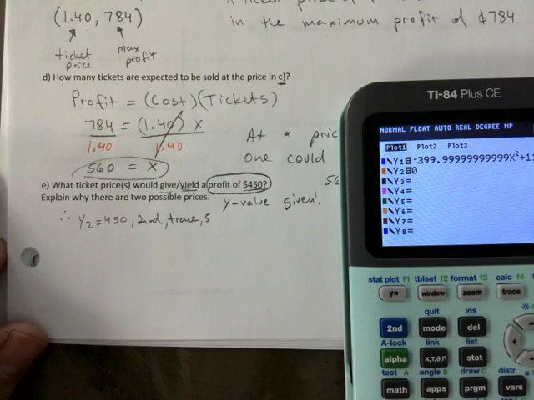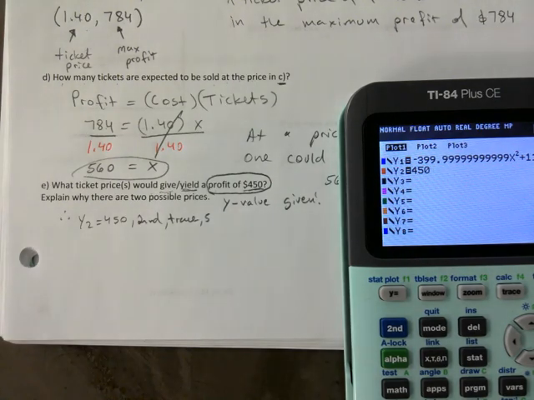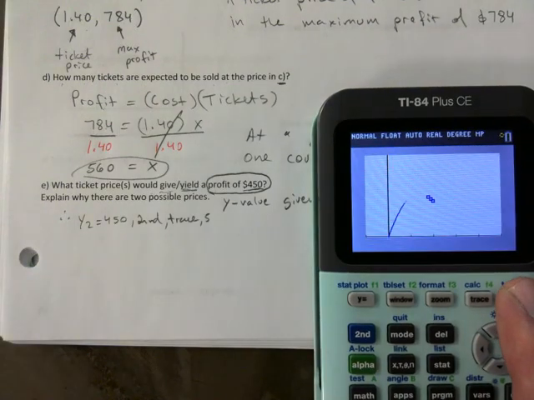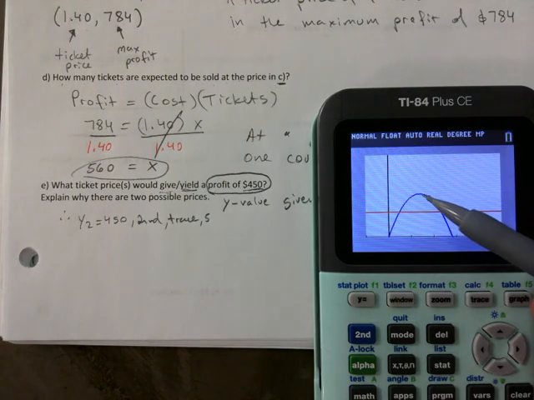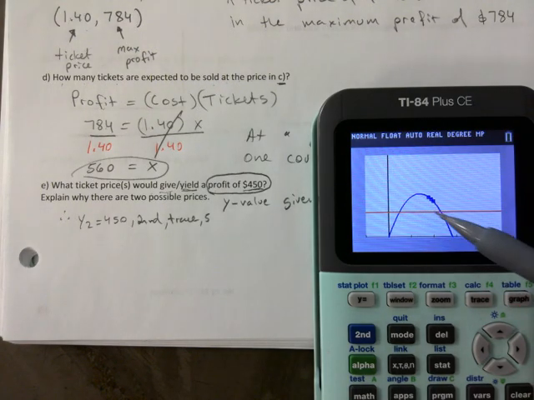So we want to see where the 450 mark is. So we let Y2 equal to 450. And it happens twice, right? There's two instances where you get that 450. There's only one max profit. Anything less than the max profit, there's two scenarios.